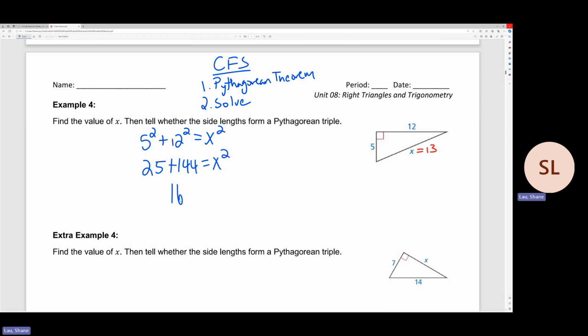Add these two together, we get 169 equals x squared. x equals the square root of 169, which of course is just 13. That's our answer. And it tells us to say whether or not this is a Pythagorean triple. Yes, it is. We are good.